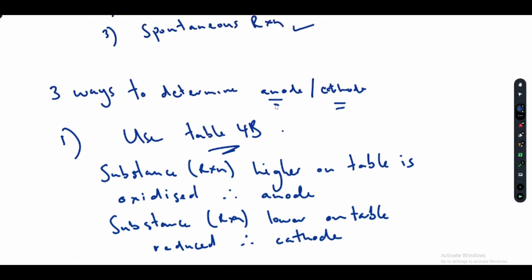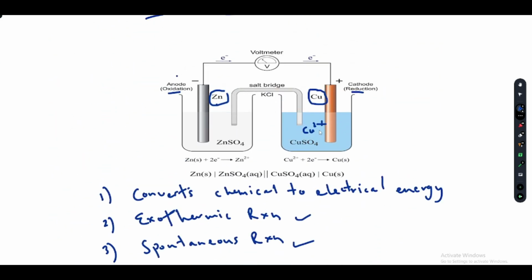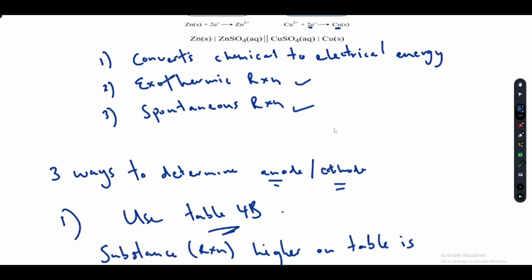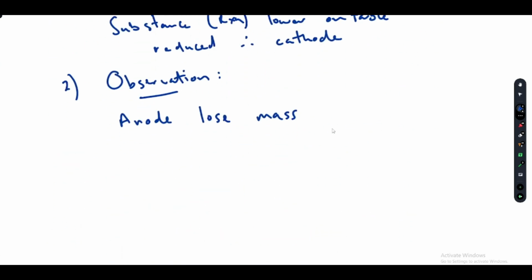whereas the cathode, on the other hand, this aqueous copper, this Cu2+, which is going to be gaining electrons, will then become Cu solid. So this Cu2+ in the aqueous solution will plate itself onto the copper electrode, and so it will get thicker and thicker, and we will physically observe that the cathode gains mass.